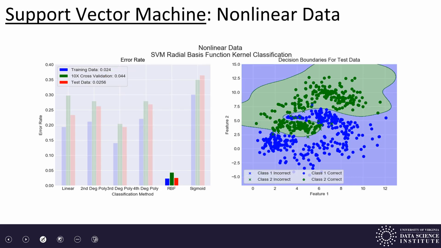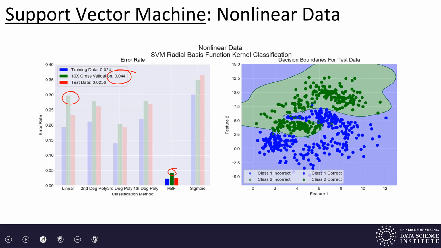The radial basis function seems to be doing a pretty darn bang-up job here. Our error rate is down to about 4%. So we went from about 30% down to about 4% by picking the right kernel in this case. And if you look at the separation curves on the right-hand side, those are really good separation curves. I don't think I could draw something by hand that would necessarily separate those two classes better.